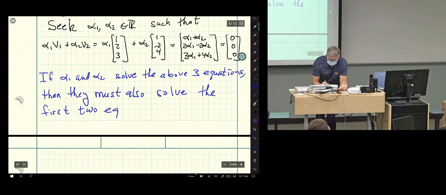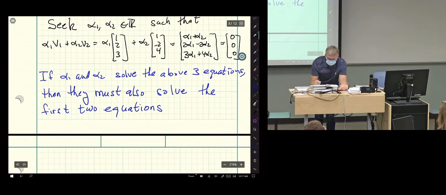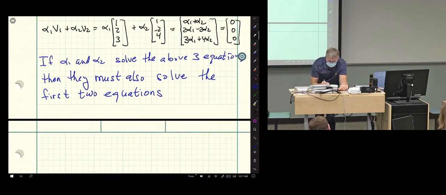That's an arbitrary choice. I'm just going to reduce it to a square system by taking only the first 2 equations and see what I get. The first equation is alpha 1 plus alpha 2 equals 0. And the second equation is 2 alpha 1 minus 2 alpha 2.